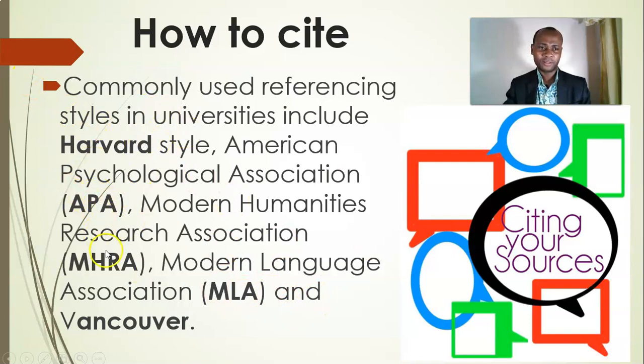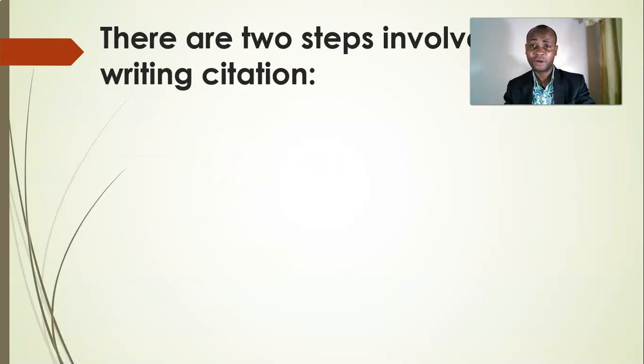However, MHRA and Vancouver are also used by some journals, depending on the discipline. But usually for both physical sciences and social sciences, they use APA and sometimes Harvard too. So just cross-check with your journal to be sure which style the journal is using so that you can follow.